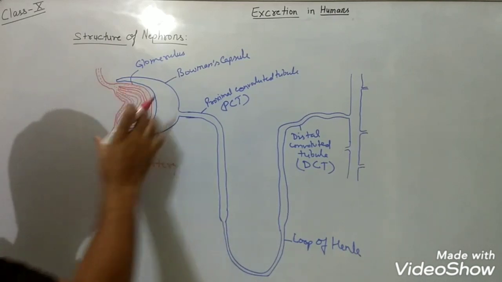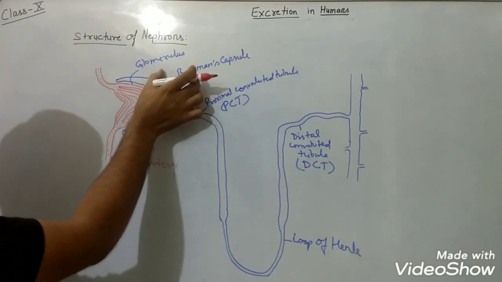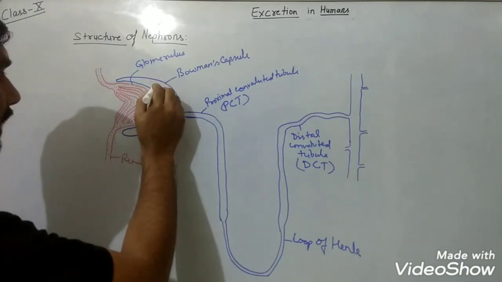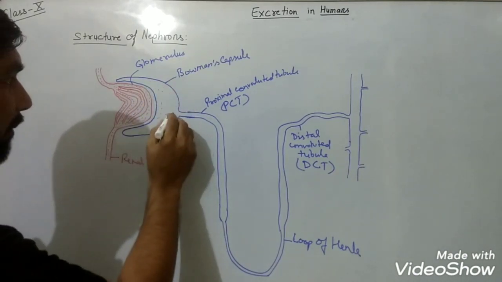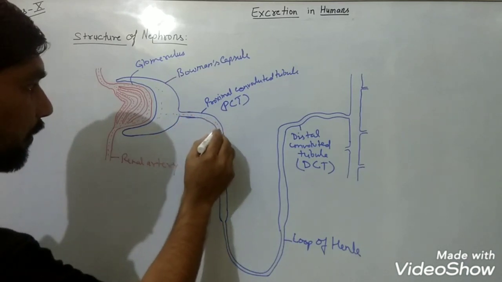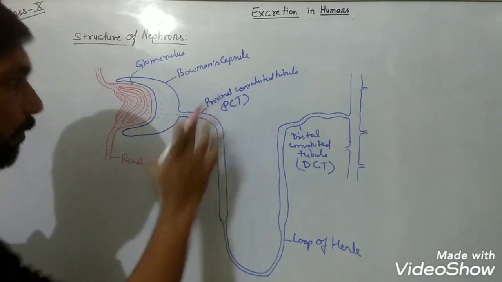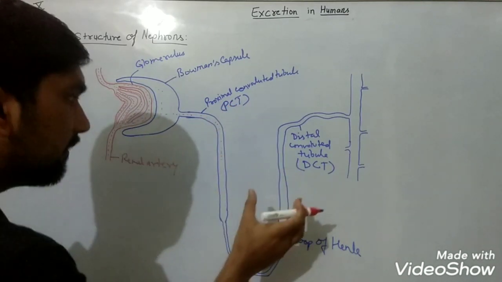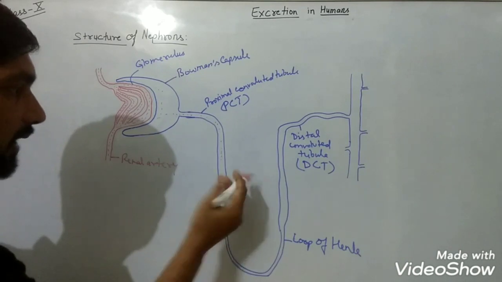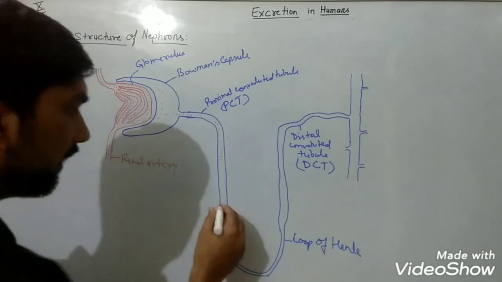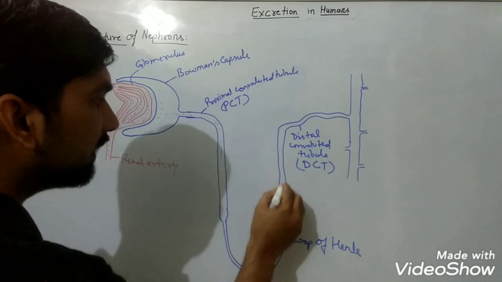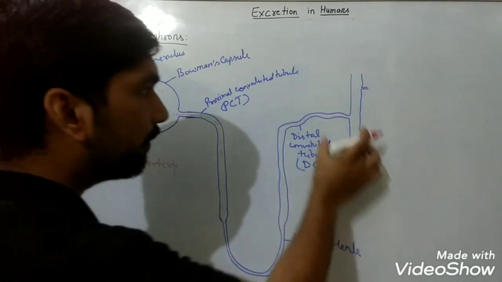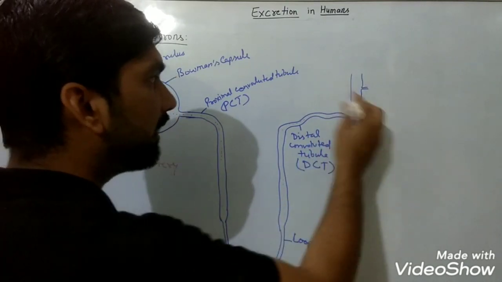When the blood passes through the Bowman's capsule from the glomerulus, the substances are filtered out here, and they pass through the proximal convoluted tubule, and these tubules are highly coiled with capillaries. So again the useful substances will be reabsorbed here, and only the waste substances will reach the distal convoluted tubule, which further opens into the main collecting duct.